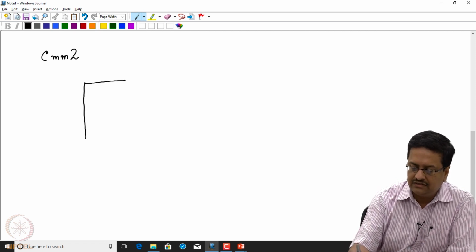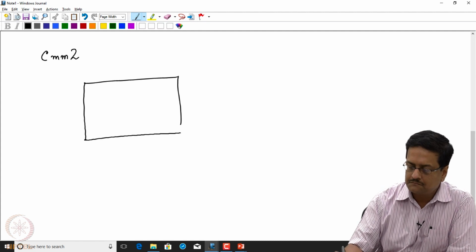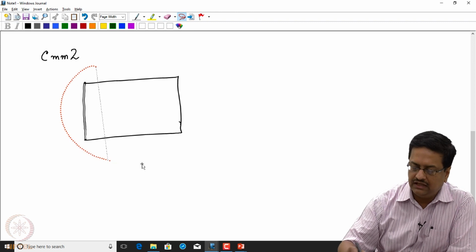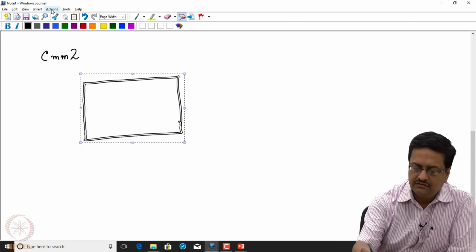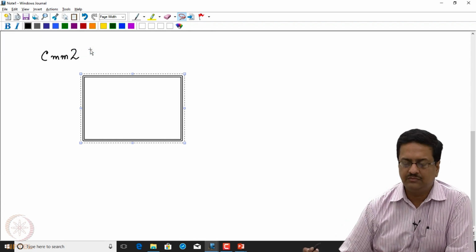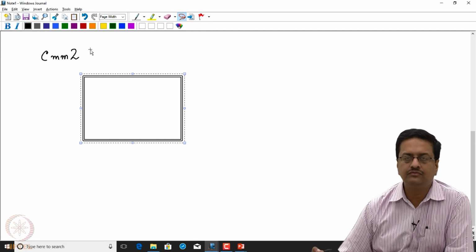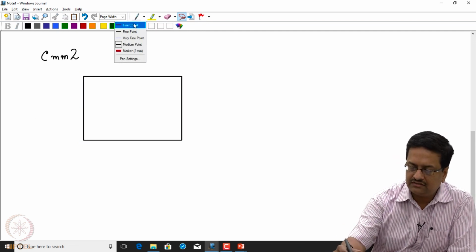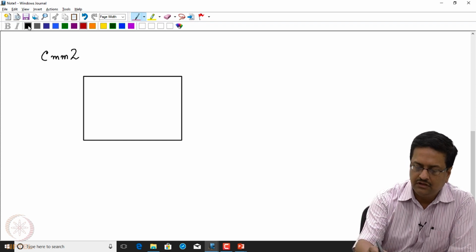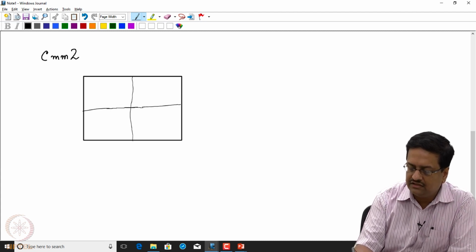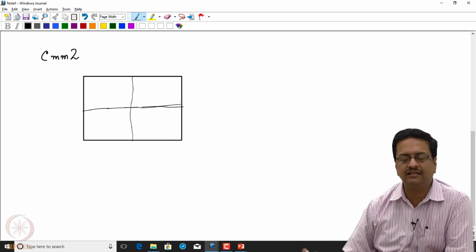We have a C-centered lattice, then we have a mirror perpendicular to x, a mirror perpendicular to y, and a two-fold parallel to z. So now for my easy understanding, I am making the rectangle divided into 4 parts because I need to place the atom which is related by C.